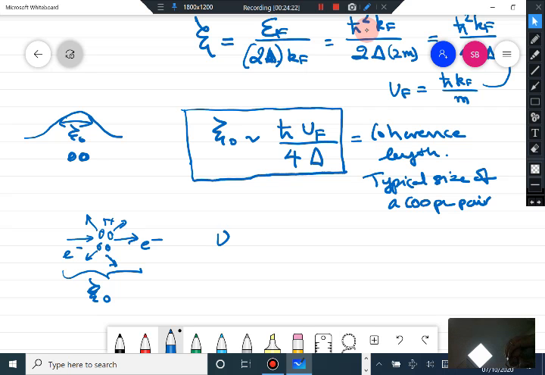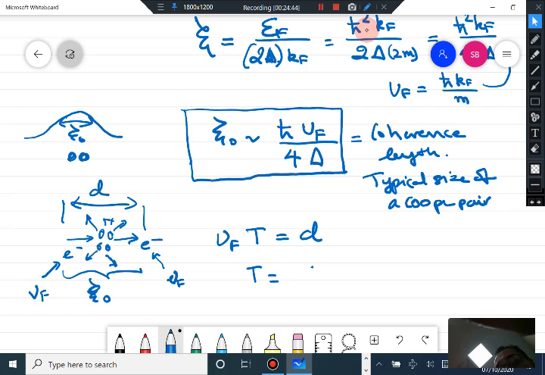The electrons are moving with velocity vF. So how much is this distance? The distance between two electrons is vF times t, which is equal to d, because the electrons are moving with a velocity vF. Okay, and t is going to be given by the Debye frequency.